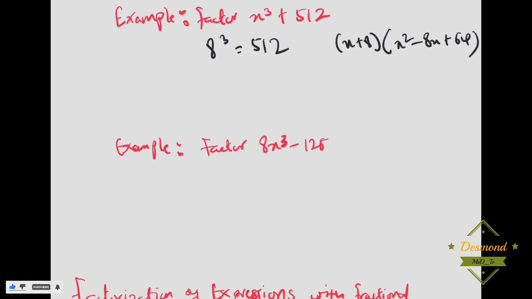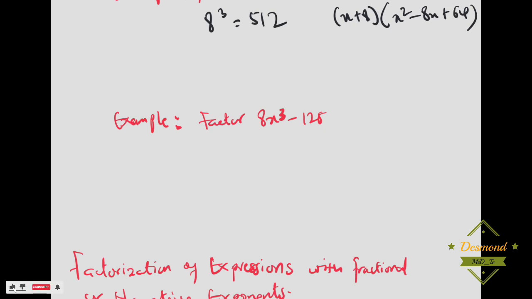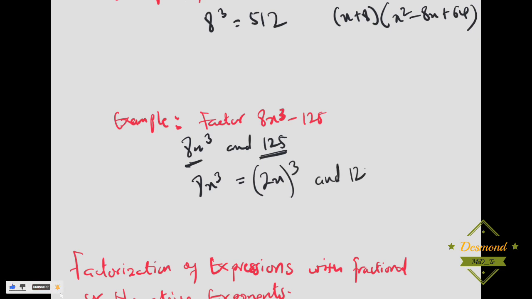In our second example, we are going to factor 8x cubed minus 125, right? Now we can note that 8x cubed and 125 are cubes. The cube root of 8x cubed is 2x, so that's 2x cubed, and 125 is 5 cubed.